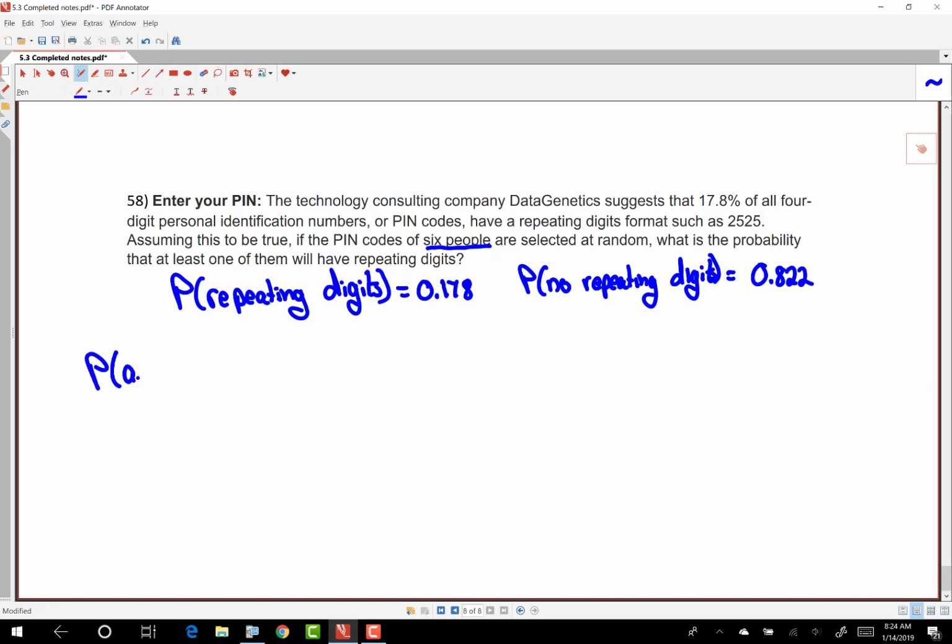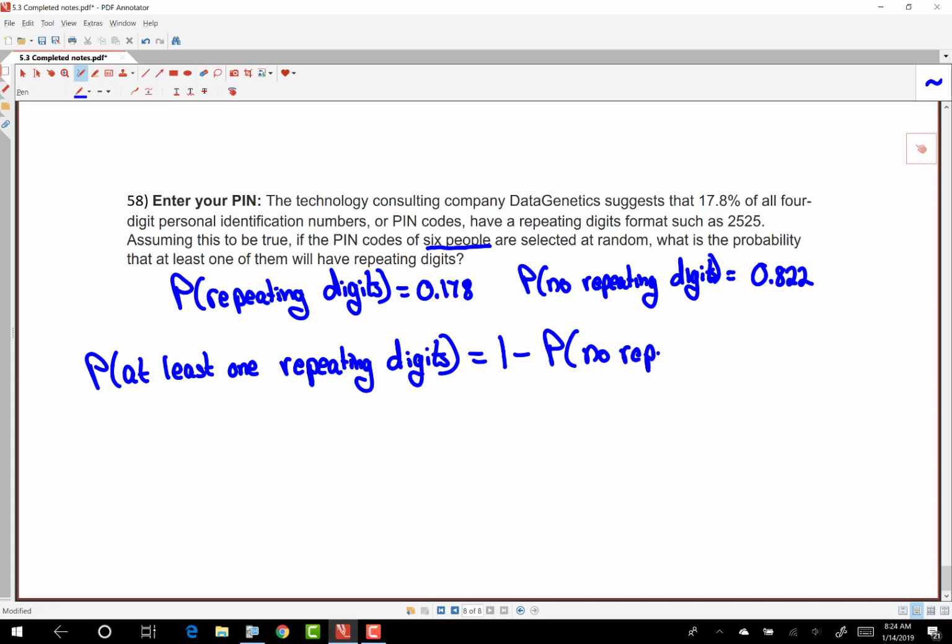So we want the probability of at least one repeating digits. Well, again, we're going to change the at least one to none or no and subtract it from 1. So it's going to be 1 minus the probability of no repeating digits for all 6 of the people selected.